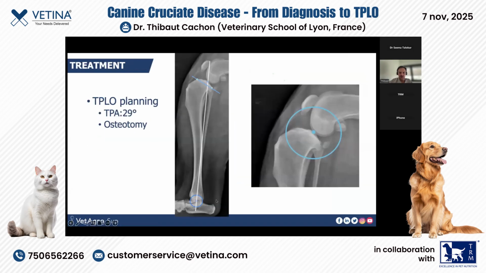The first step is to get a very beautiful lateral view of the tibia. You get a perfect lateral view when you see clearly the superposition of the femoral condyle, and you get a very good view of the tarsus.